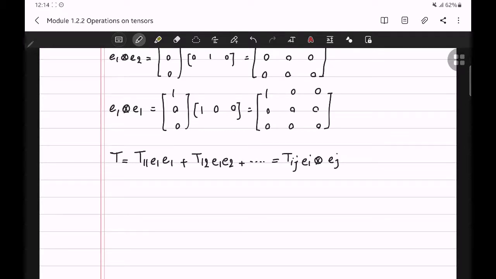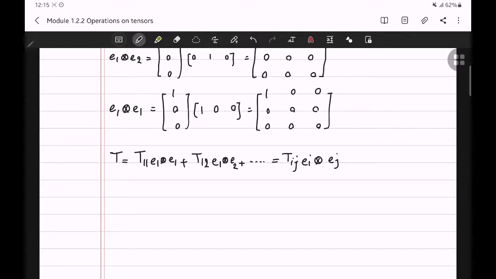So, for example, if you want to find the first component of T, let's say T11, it is basically T11 E1 dyad E1, and this one is also T12 E1 dyad E2.